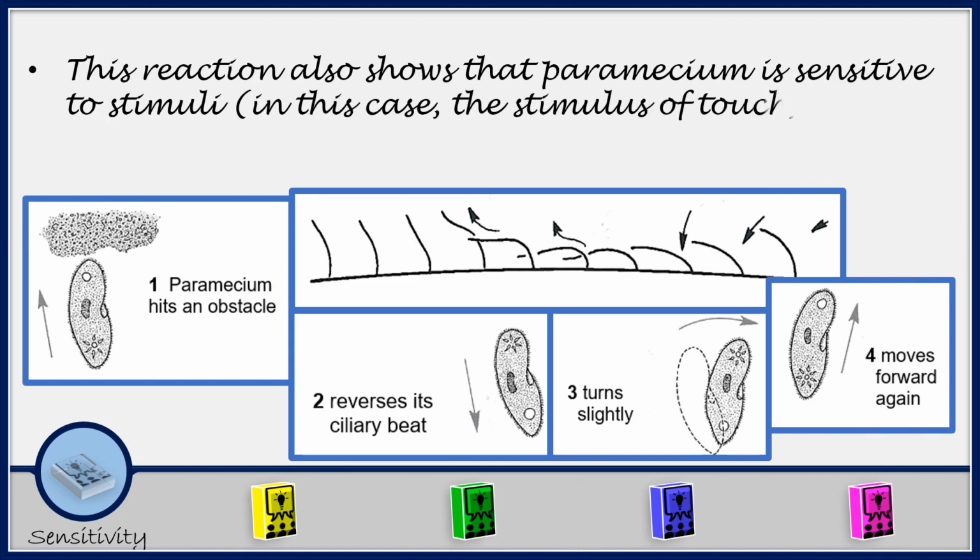So this reaction also shows that a paramecium is sensitive to stimuli. In this case, it is the stimulus of touch. We are seeing the paramecium hitting the obstacle, and after hitting it, it knows that it cannot go any further.